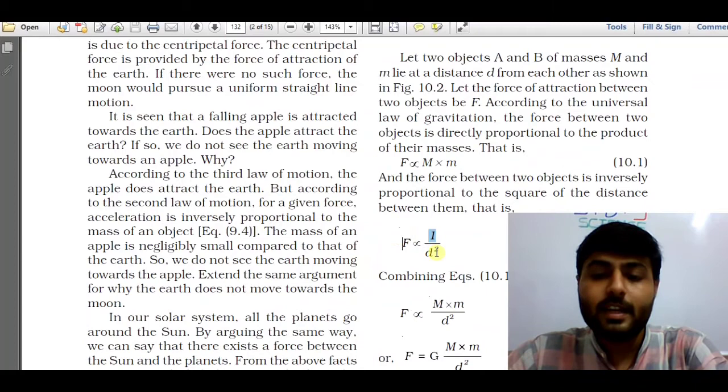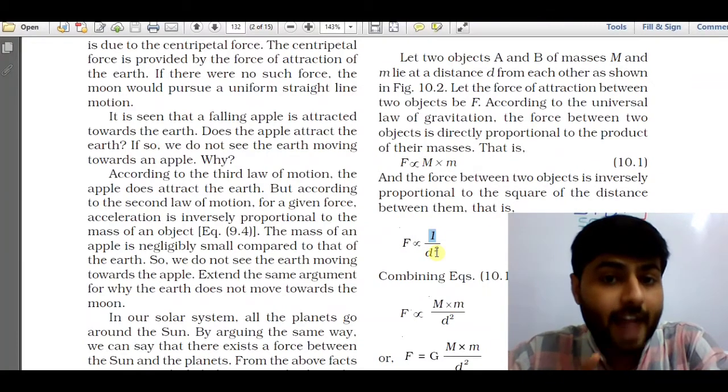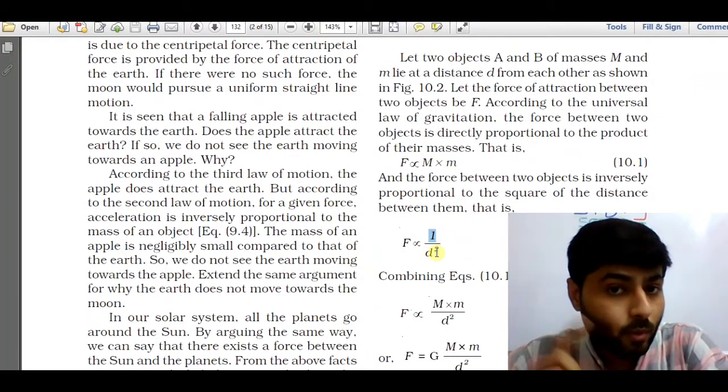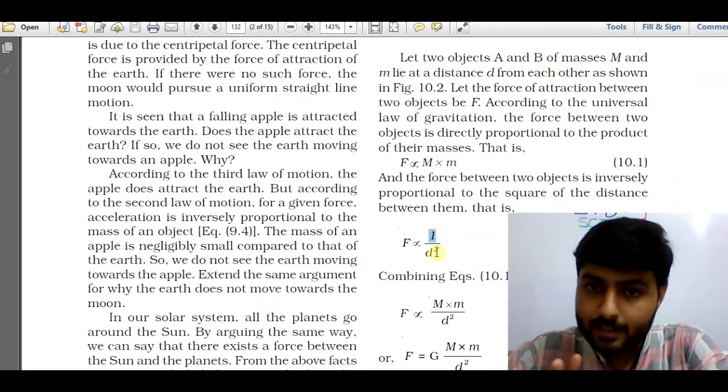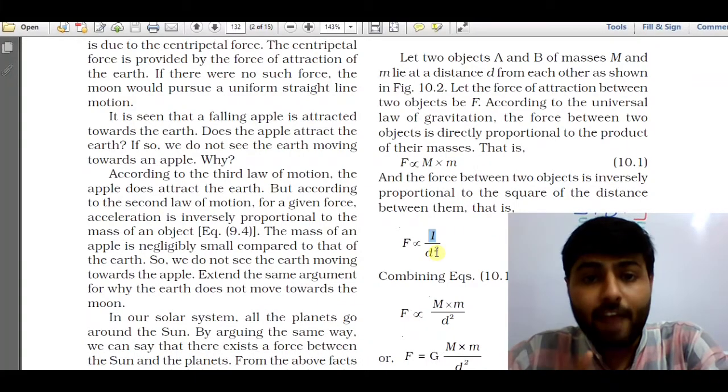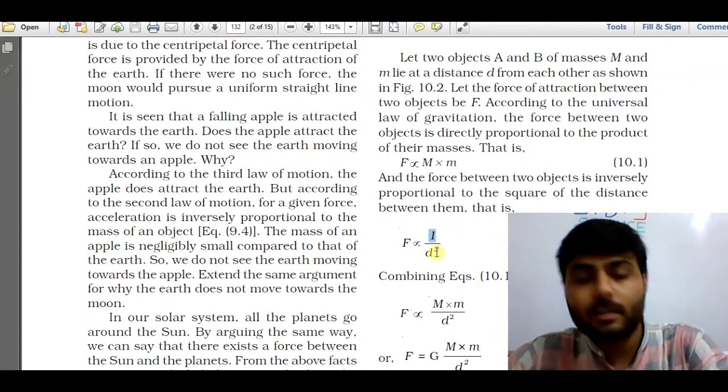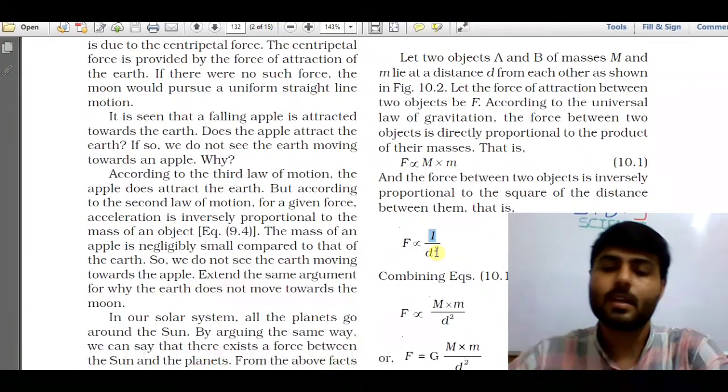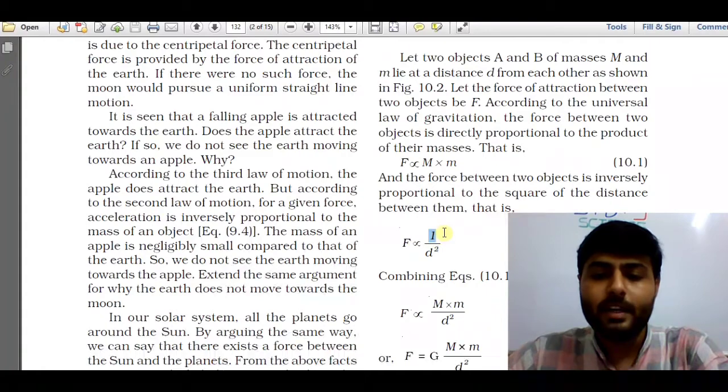What I said, F is directly proportional to 1 upon d square, and we can say F is inversely proportional to d square, is the same. Okay, so we have equation number 2 here.